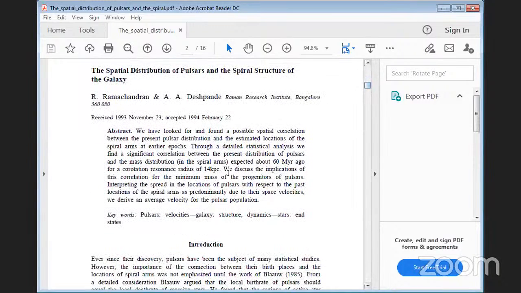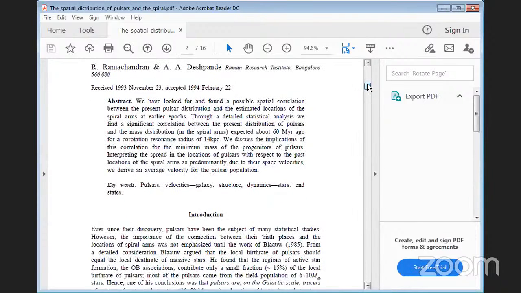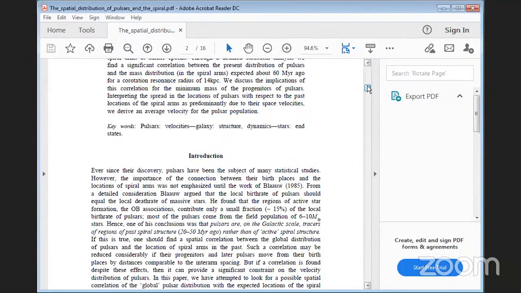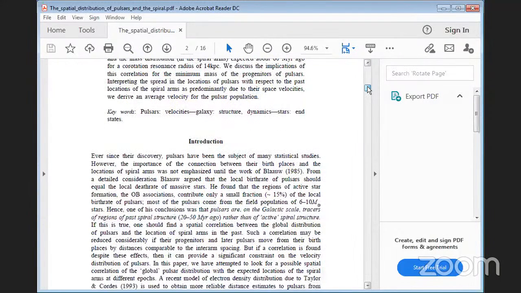So one basically gets to assess if they have the memory of where they were born. And if they do, then we can relate, because the spiral structure would have changed over time, and they would carry the memory of when they were born. And of course, they will move with the matter with the differential rotation.